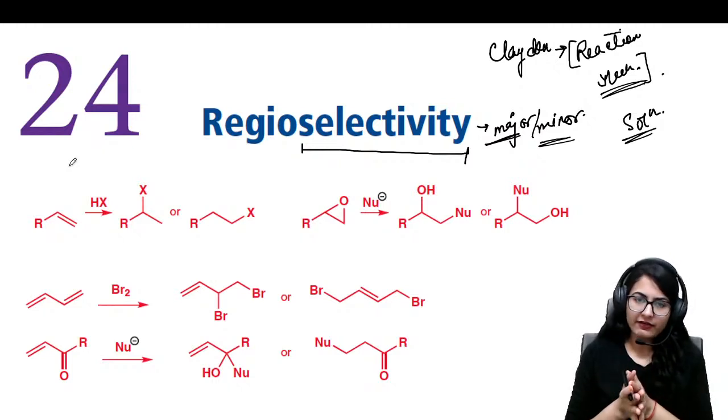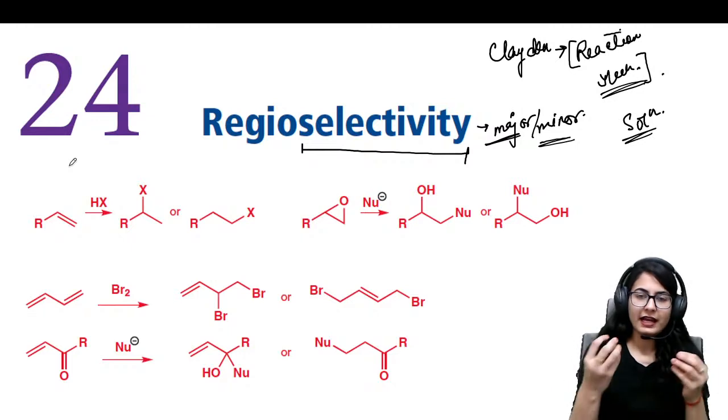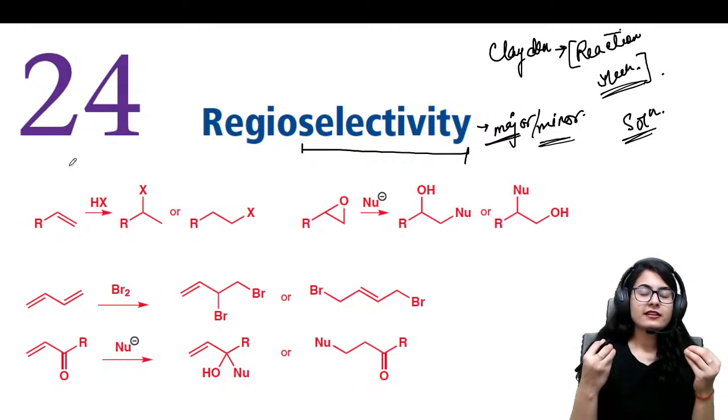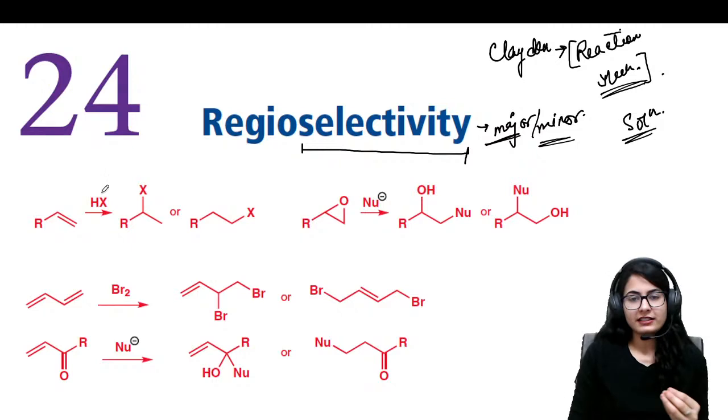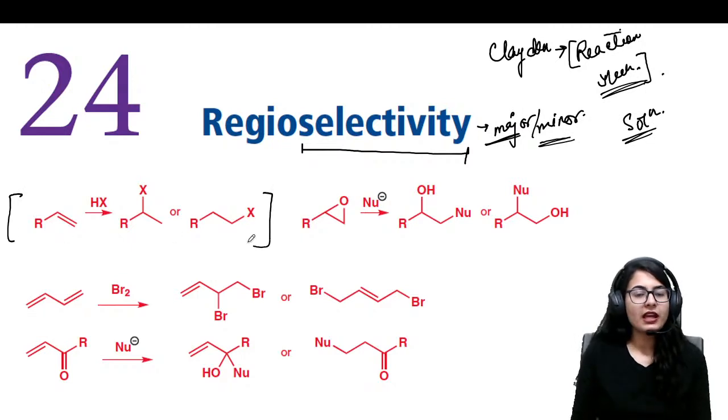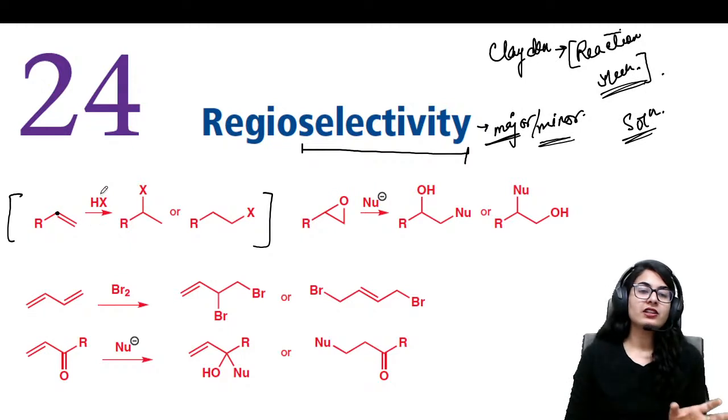So, what are we talking about in this chapter? Mostly everything that we have studied, this is a sum up of everything, and regioselectivity is not limited to the reactions that we study over here. We'll study why an alkene will give you two different products, when you are adding an unsymmetric reagent, that is your HX, let's say HCl or HBr, to an unsymmetric alkene.